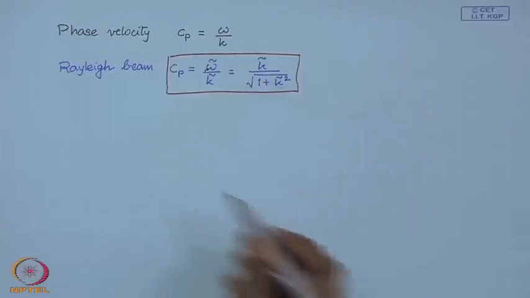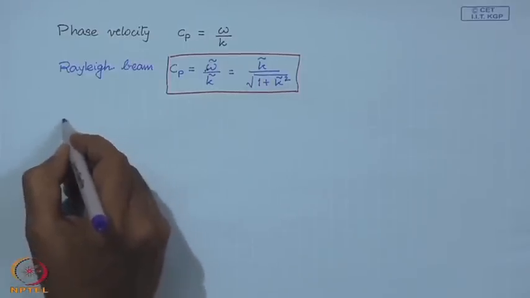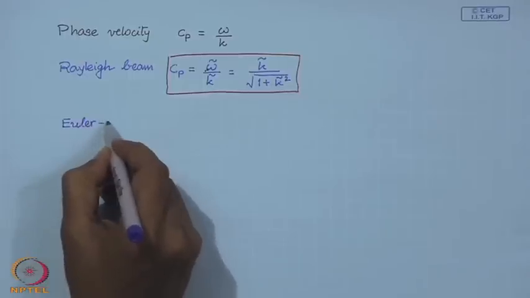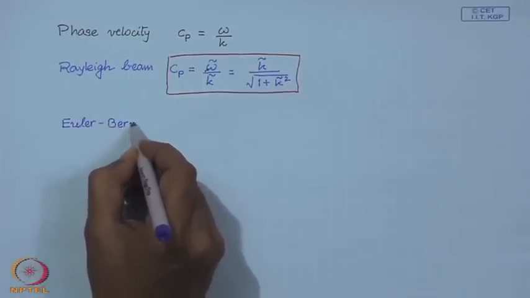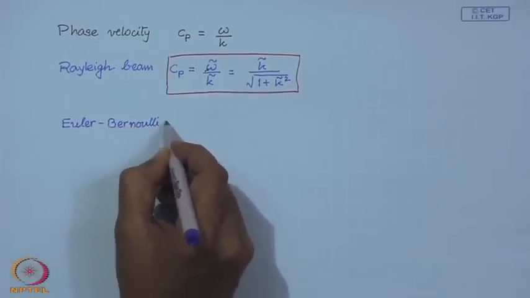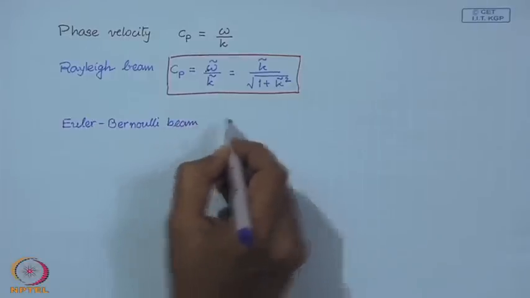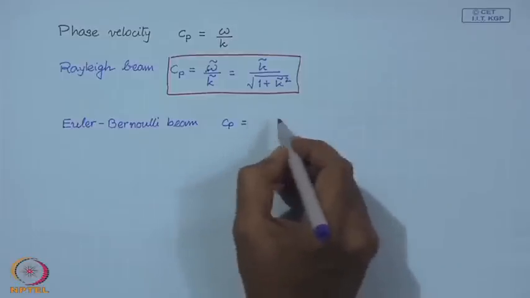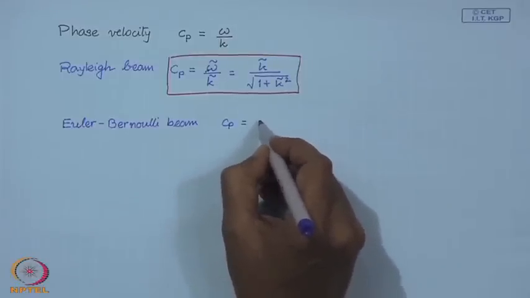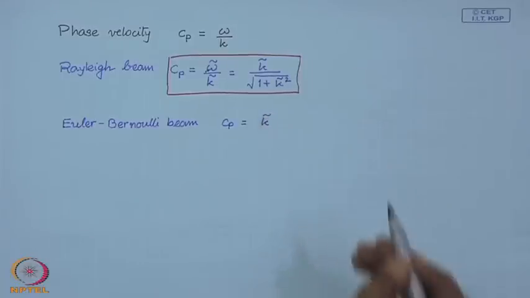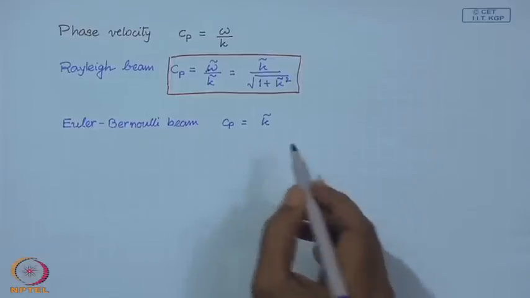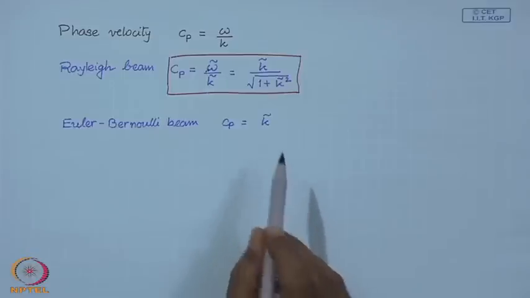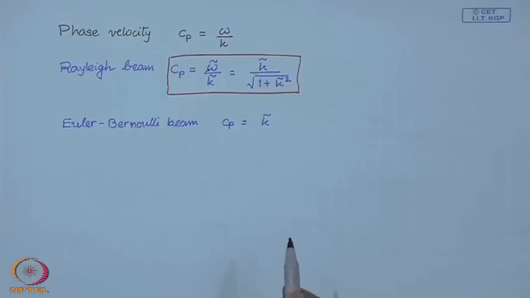And similarly for the Euler-Bernoulli beam, it is given by just k tilde, because omega is plus minus k tilde square. So, omega tilde over k tilde is just k tilde.